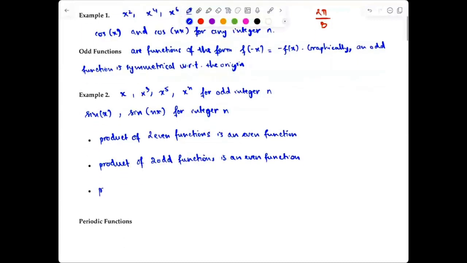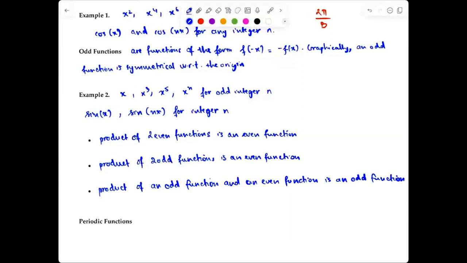And the product of an odd function and an even function is an odd function. We need this type of product a little bit later for the integral results.